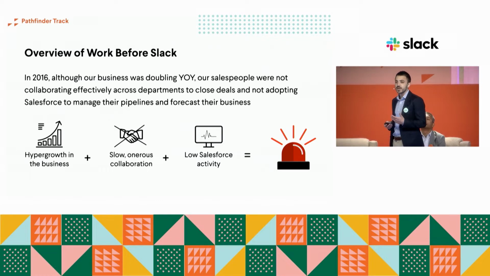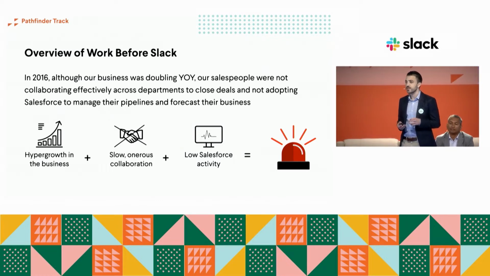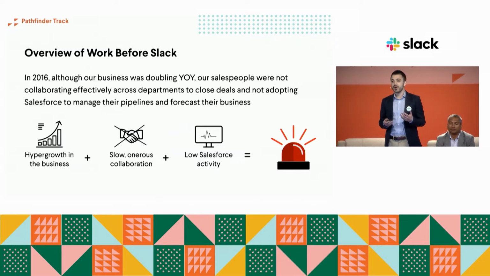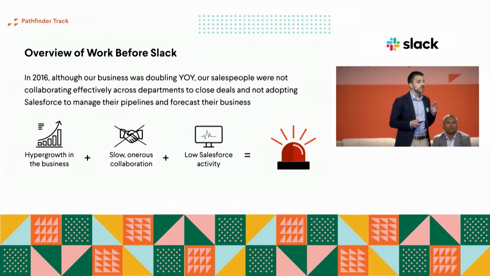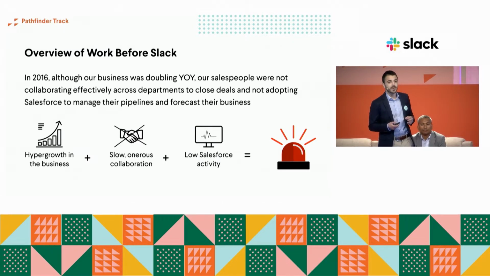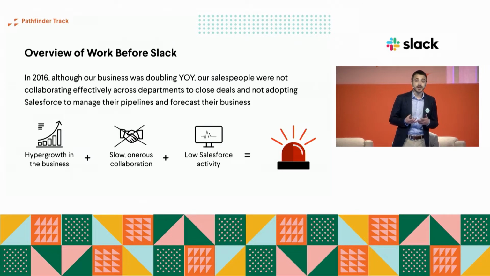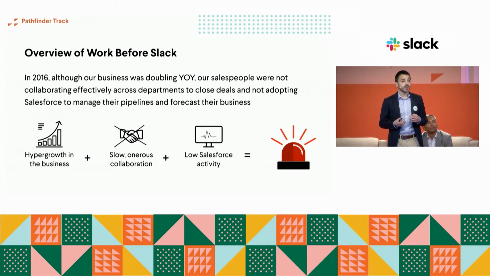And collaboration at WeWork is especially challenging because our sales teams are widely distributed across a lot of WeWork locations. They don't sit together on a regular basis, and nevertheless, they need to be able to coordinate extremely quickly with multiple departments, construction, development, IT, legal, in order to close a sale. So that was the first major problem.